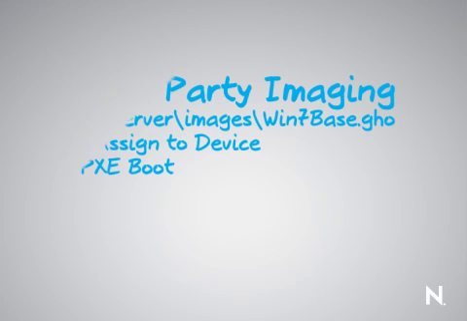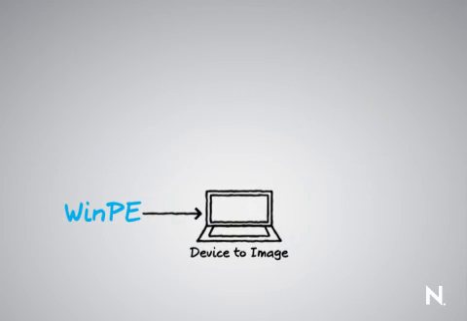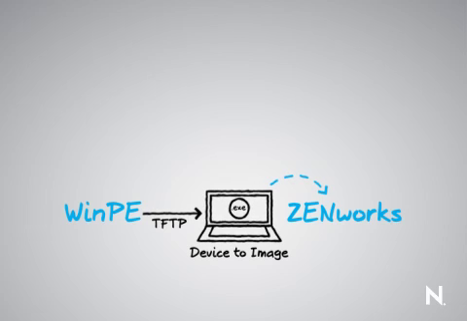When the device PXE boots, it will download WinPE via the TFTP protocol to that machine, boot up Windows PE, and then load an executable that we include in the WinPE environment that then checks with ZenWorks to see what imaging work needs to be done.